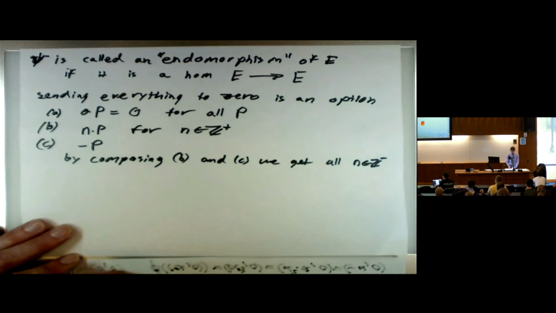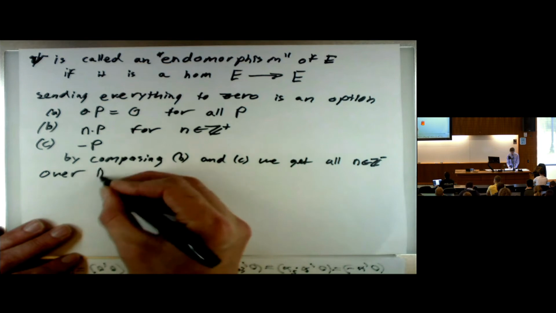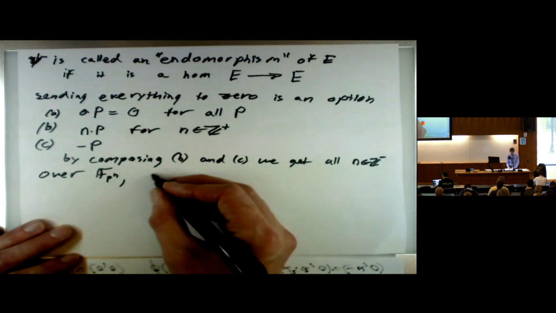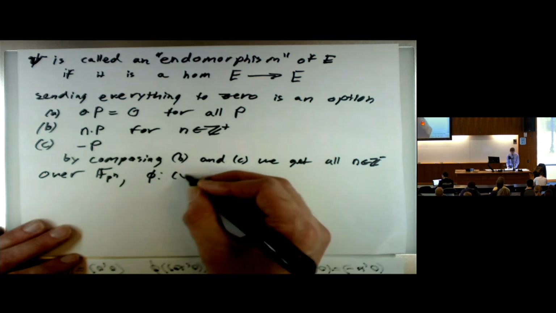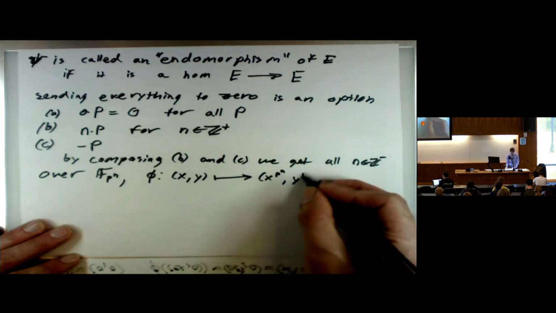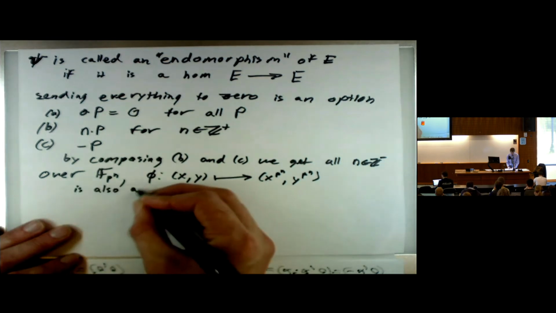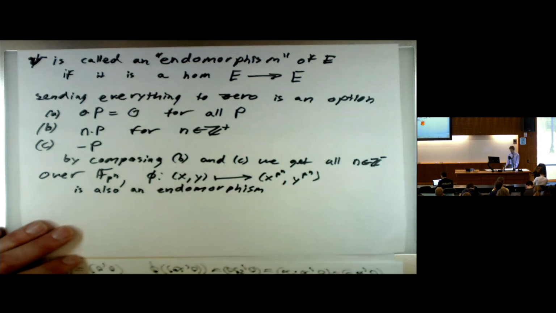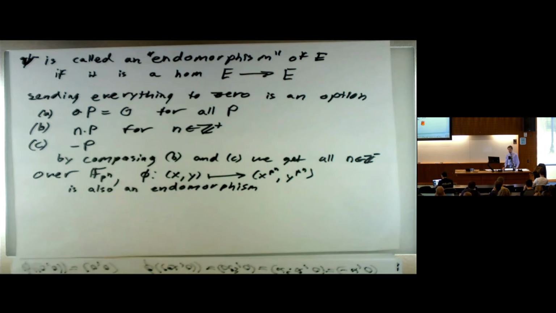But over finite fields, we also have the Frobenius endomorphism. So over finite fields, f p to the n, phi sending... okay, and there are cases even when you're not working over a finite field where you may get other endomorphisms.